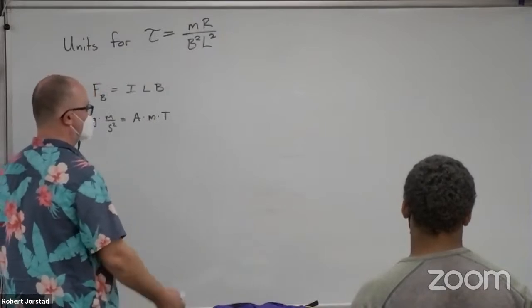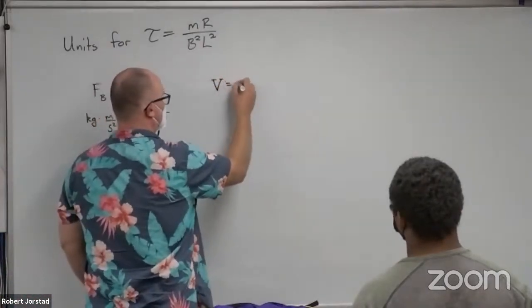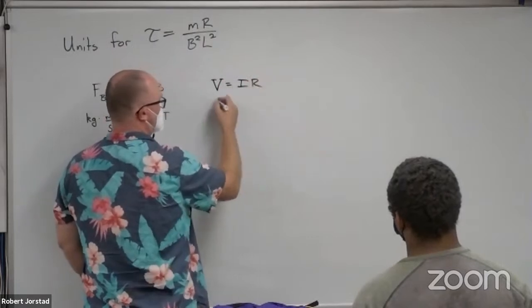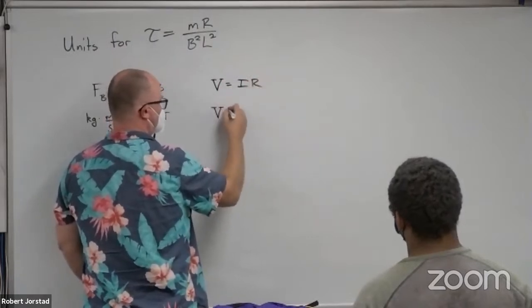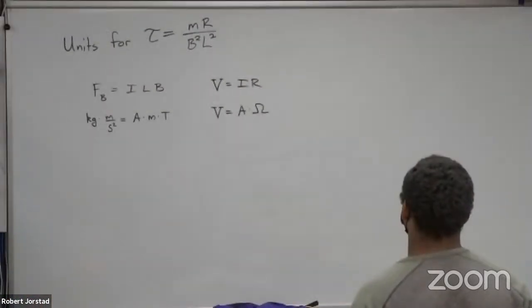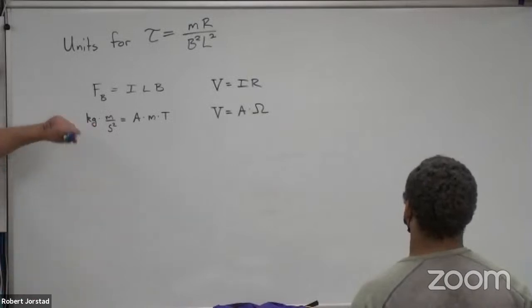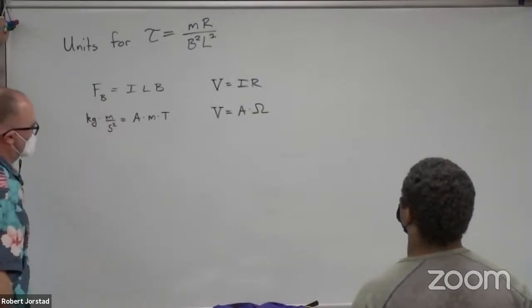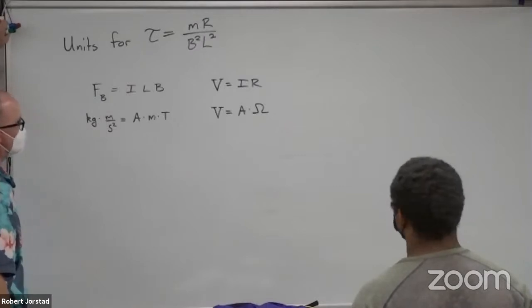I think V equals that. Okay, let's try it. Well, that says volts. But now you've got voltage in there. I need an equation with voltage in it. Give me another equation.